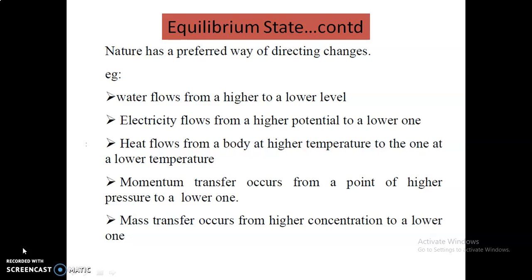Heat flows from a body at higher temperature to one at lower temperature. Momentum transfer occurs from a point of higher pressure to a lower one. Mass transfer occurs from higher concentration to lower. So these are some natural processes which are happening in nature.